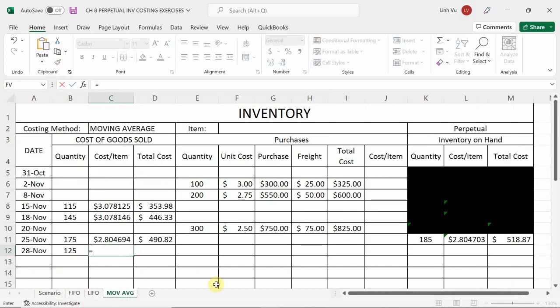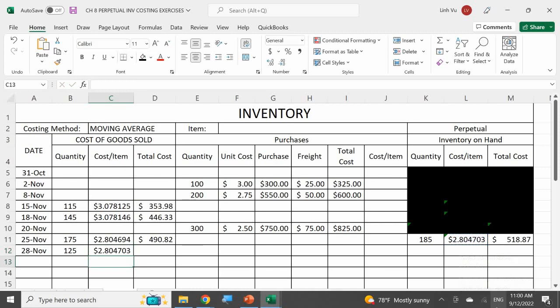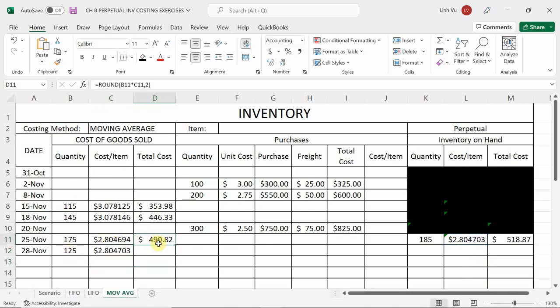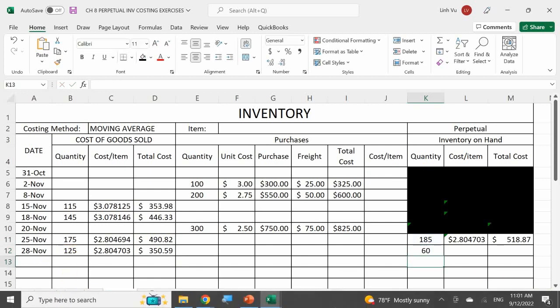So if 125 and the new average cost per item is 2.804703, what is my total cost? $350.59. Good. So let's subtract it out. Do I get a remainder of 60 units? Yes, you do.